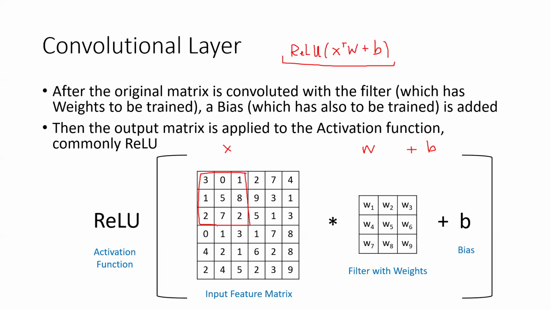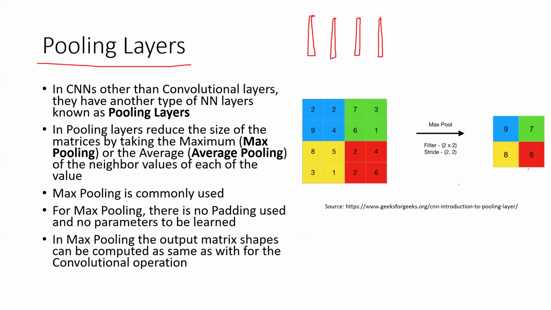So you get some matrix, you multiply it with the weight matrix in the filter, add the bias, and apply the activation function, and then you get the output of this layer, right? That is the general idea of a convolutional layer, and you can have multiple such layers, right? And suppose you want to reduce the size of the dimensions in each of the layers after the convolutional operation, then you can apply this pooling layer.